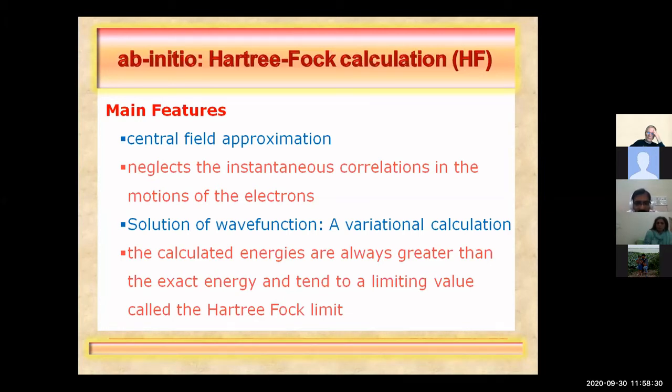Because of the central field approximation, the energies from Hartree-Fock calculations are always found to be greater than the exact energy and tend to a limiting value called the Hartree-Fock limit. So we get an overestimation of the exact value through this method.